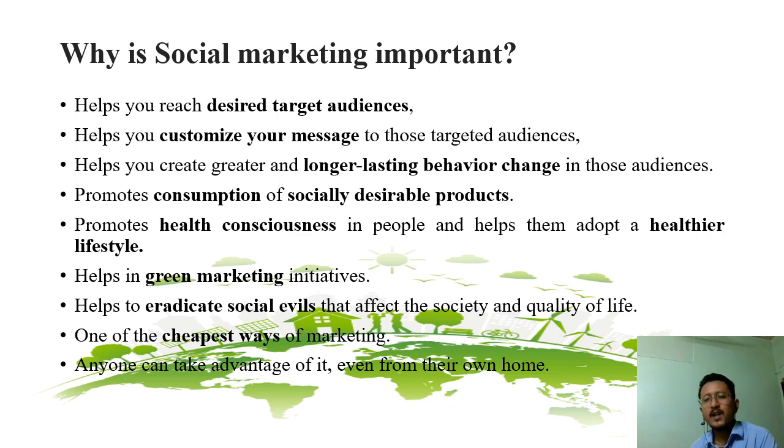So this is how we get to know our target audiences much better. We get to relate with them. We have to understand their sentiments, their behavior, their mindset, their perception, their reaction, everything. So this is how social marketing can help us reach the desired target audiences.